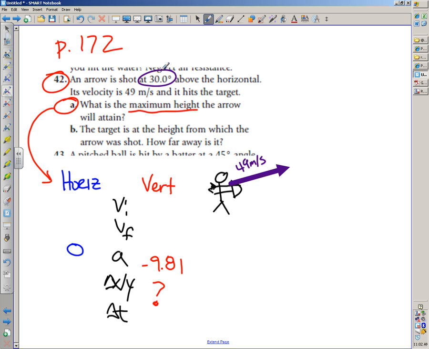Okay? So we can use that information to find this and this. From a definition standpoint, what did we call those two things? The component vectors.